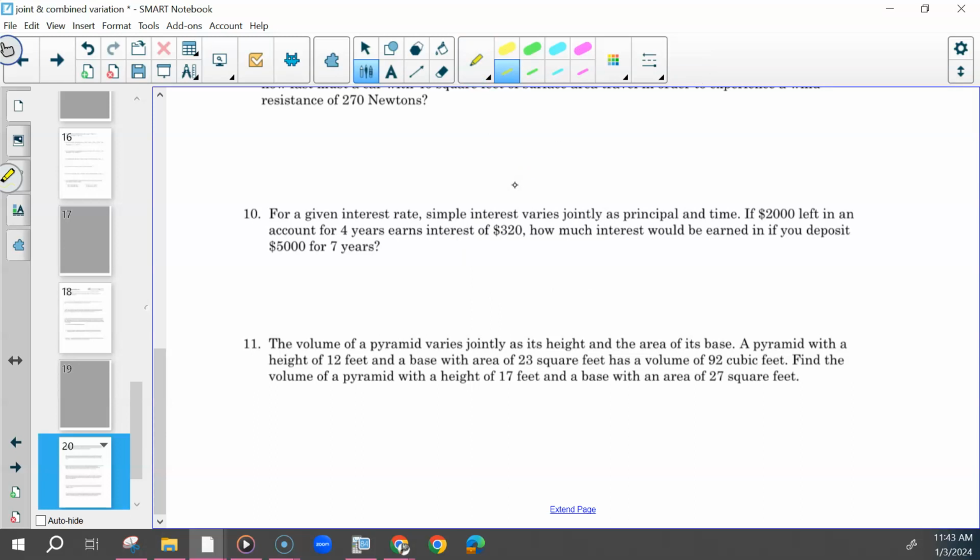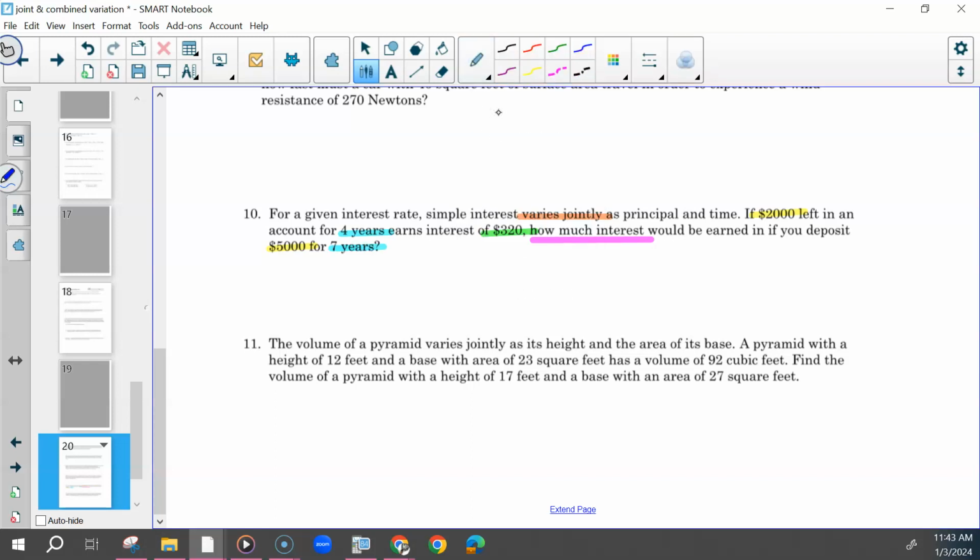Varies jointly. 2,000. 4 years. 320. How much interest? 5,000 for 7 years.